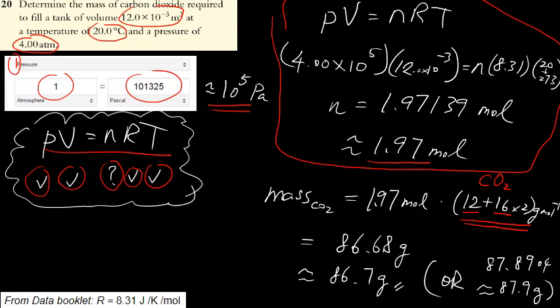So anyway, at last you should be able to find the answer as 68.7 gram. If you use this conversion as 101325 Pascal, you should be able to find the answer as the answer key of your textbook, which is 87.9 gram.